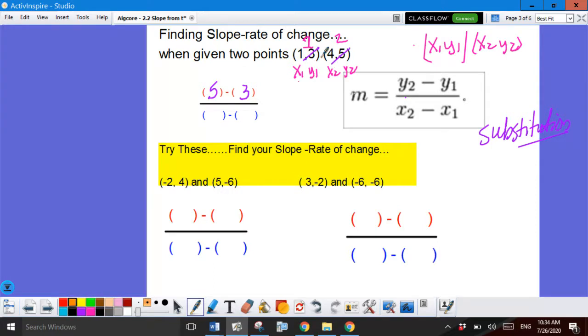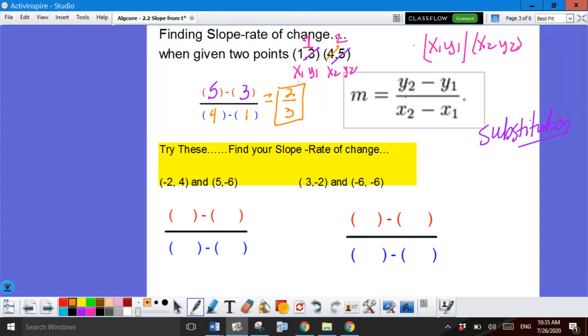Then x2 is 4, and what's left is the 1. Now at this point, I just need to do the math. What is 5 minus 3? That's 2. What is 4 minus 1? That's 3. Is that going to simplify? No. So I'm done. My slope is 2 over 3.